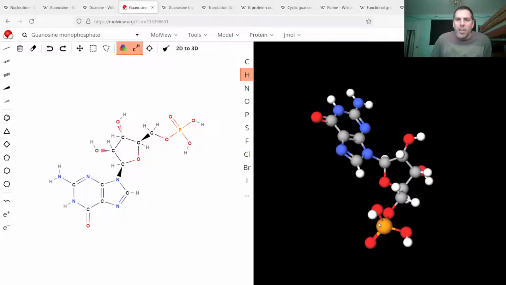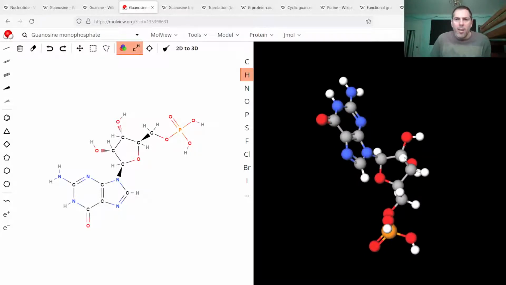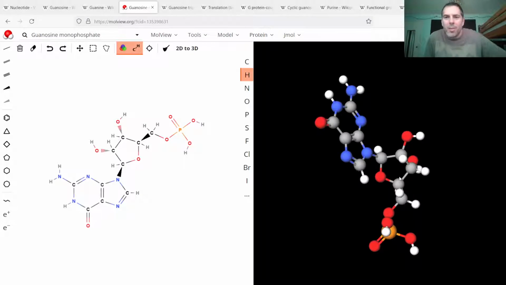You can see the phosphate here, the ribose. This is part of the sugar phosphate backbone of DNA or RNA. Again, this is specifically RNA with the oxygen here.